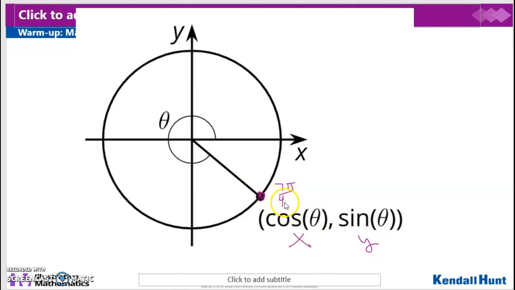If that's 7 pi over 4, that's the point at which we get an isosceles right triangle. That would be the point at which these two would be equal. In other words, if this is x, so's this, and this is our hypotenuse, which is 1. So we know that x squared plus x squared has to equal 1.